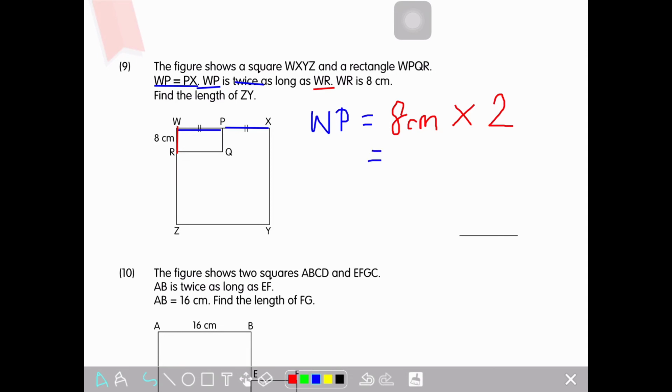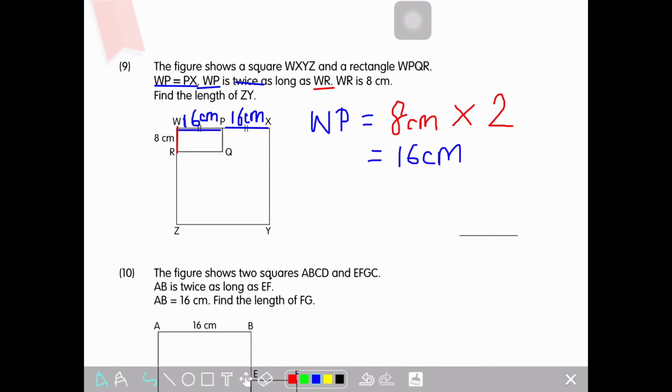So that gives us 16 cm. Now we know that WP is 16 cm. That means that PX is also 16 cm.